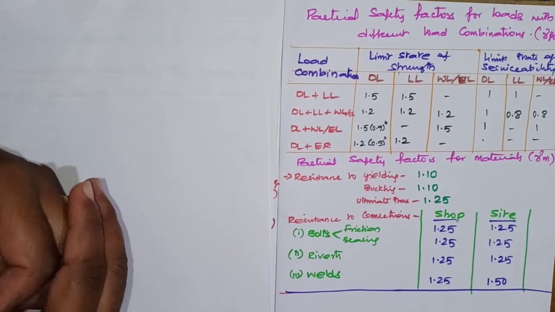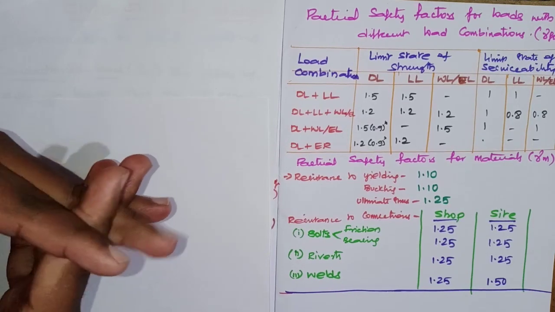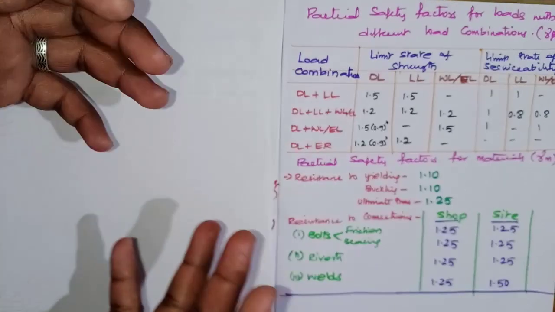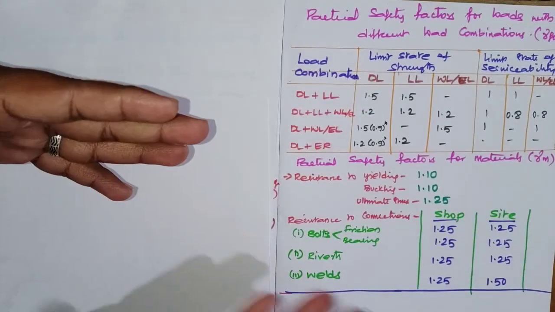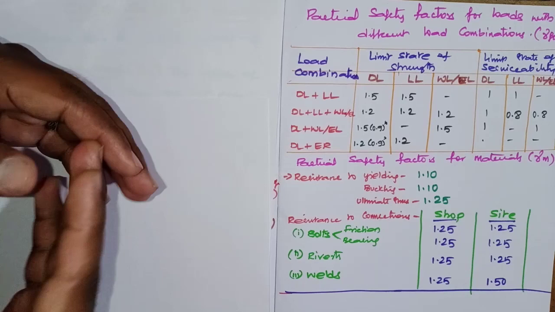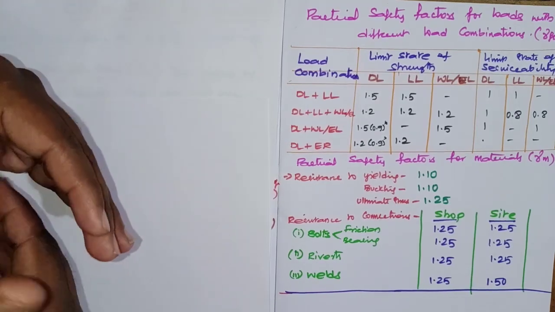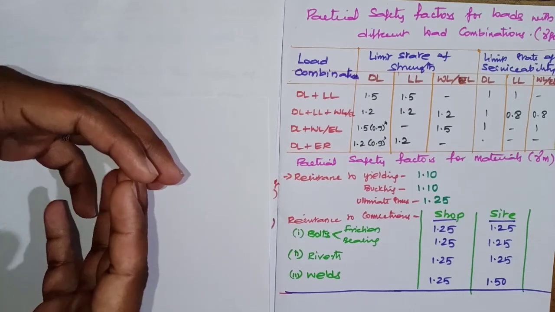There are different types of connections, that is bolted connection, riveted, and welded. Up to now we have a syllabus regarding the welded connections in your diploma subjects. And shop and site: generally bolting or riveting or welding can be done in the field, at the site itself.